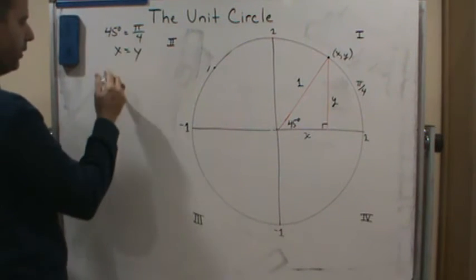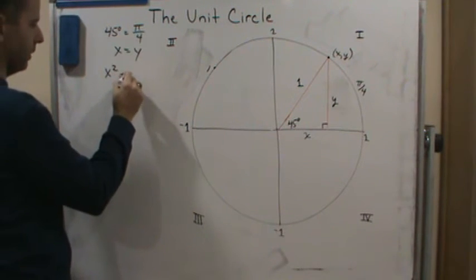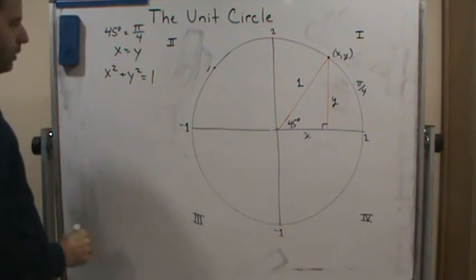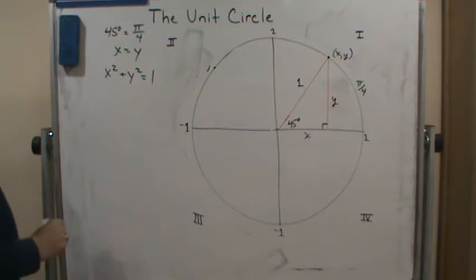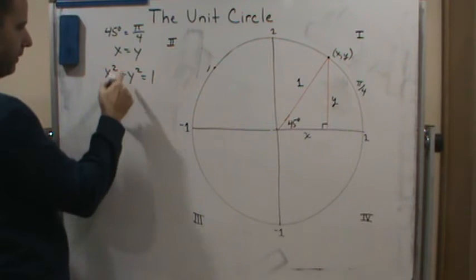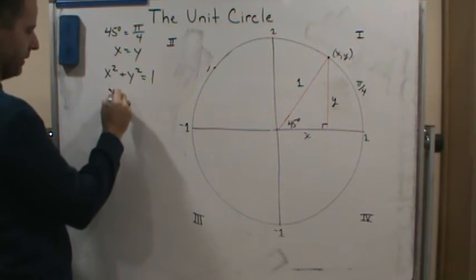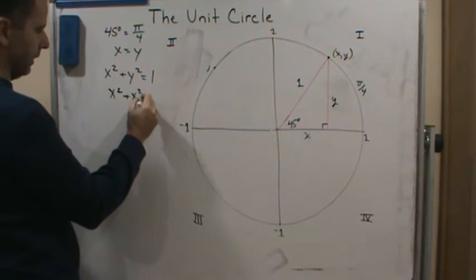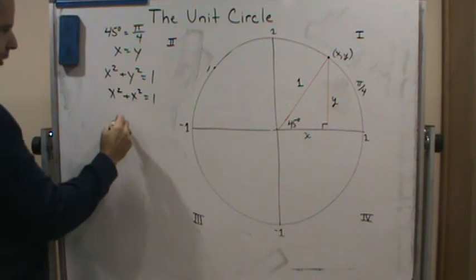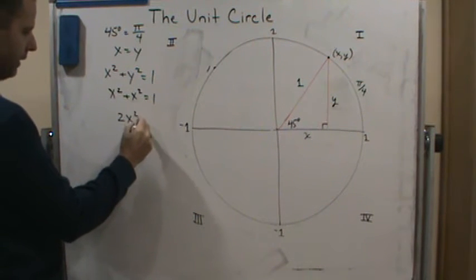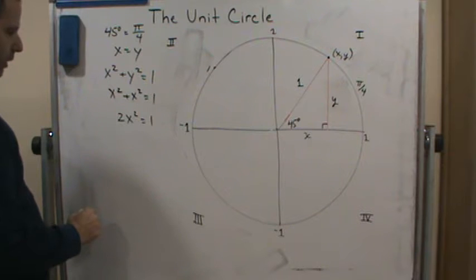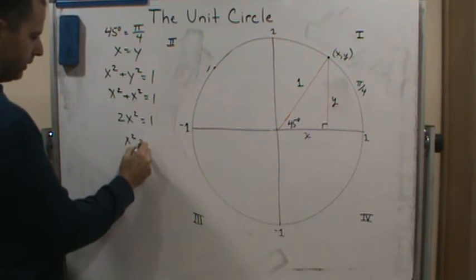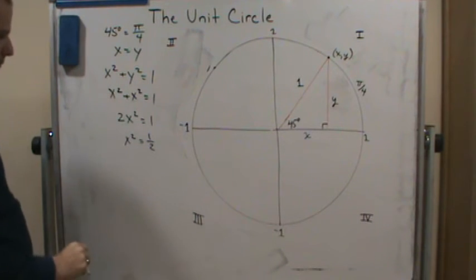Now that we have this, we know that this is true for the unit circle. And since x is equal to y, x squared plus x squared is equal to 1, which gives us 2 times x squared is equal to 1, so x squared is equal to 1/2.